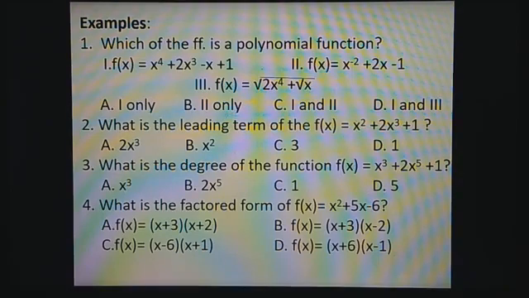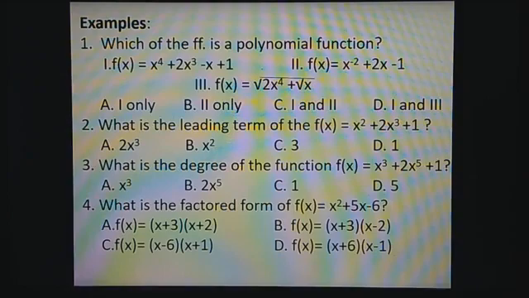Hindi natin pwede i-consider si 2 and 3 na maging polynomial function. Hindi rin pwede kapag decimal ang exponent, kapag fraction ang exponent, hindi rin pwede kapag may variable sa denominator. Ang accepted lamang to be a polynomial function is polynomial function in 1. Meaning, for the first question, ang sagot natin is letter A.